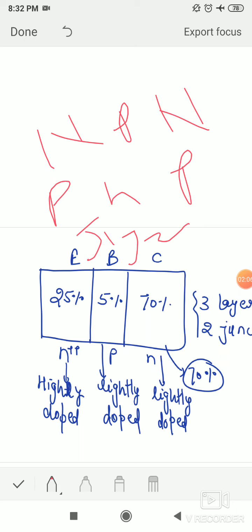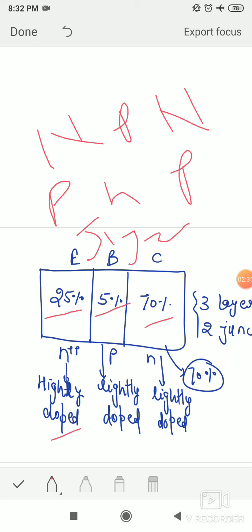The emitter, base and collector are different area-wise. The collector is 70% because it dissipates power, the emitter is 25% and the base is 5%. The emitter is heavily doped, and the base and collector are lightly doped.